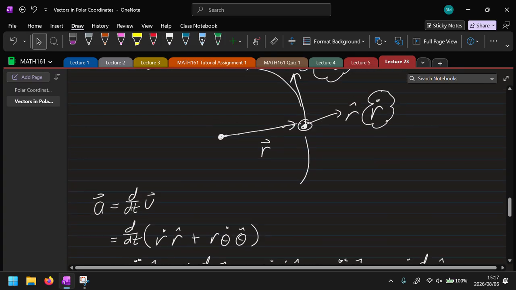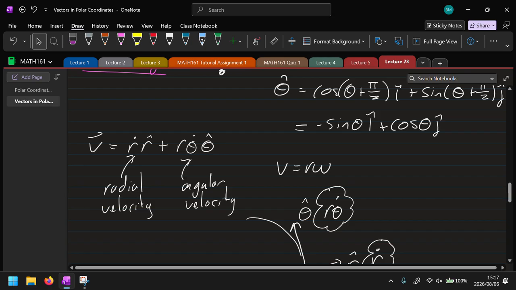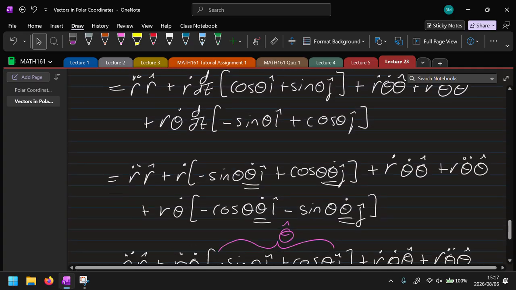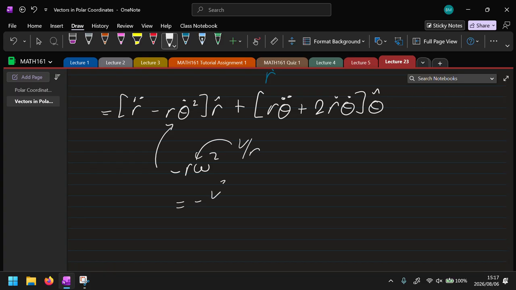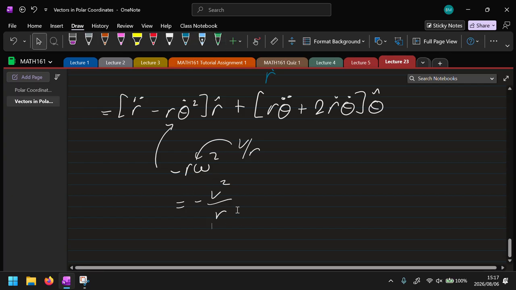And remember what we said earlier here. v is r omega. So omega is v over r. You've seen that before? The centripetal acceleration, centripetal force. You're going around in a circle, it's the force going inwards.